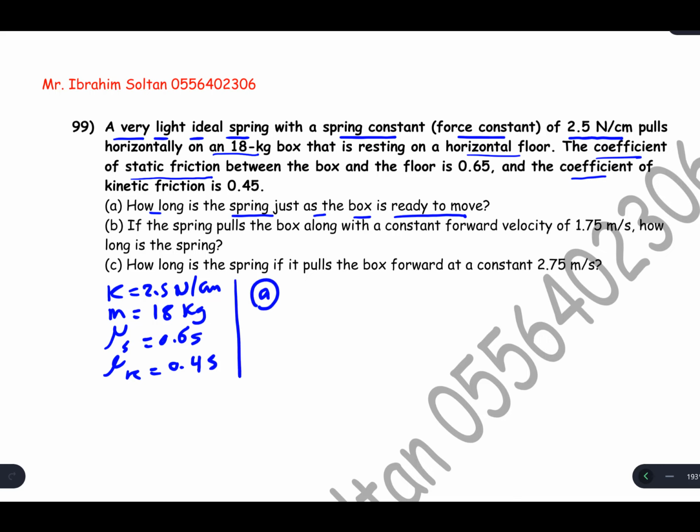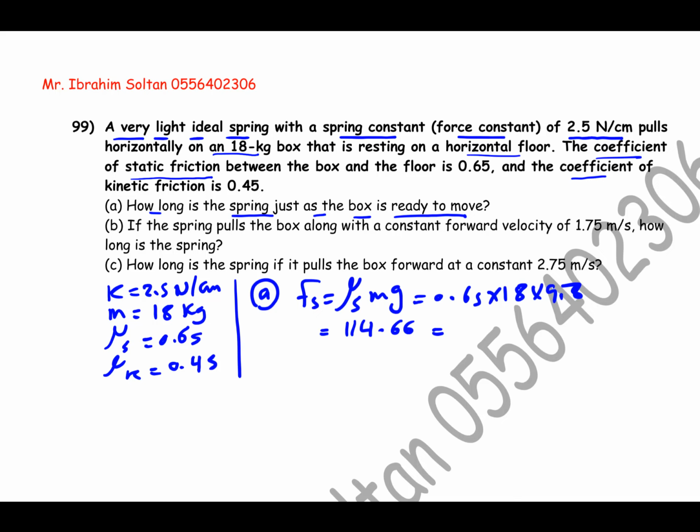So it is not moving. For letter A, Fs equals mu S mg, it is not moving. Right, guys? It equals 0.65 times 18 times 9.8. It equals 114.66, and this amount exactly equals the spring force.